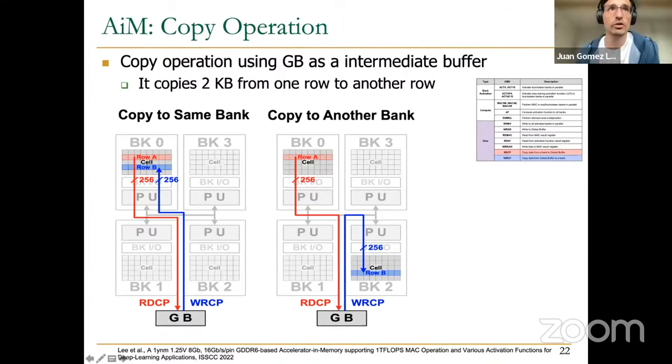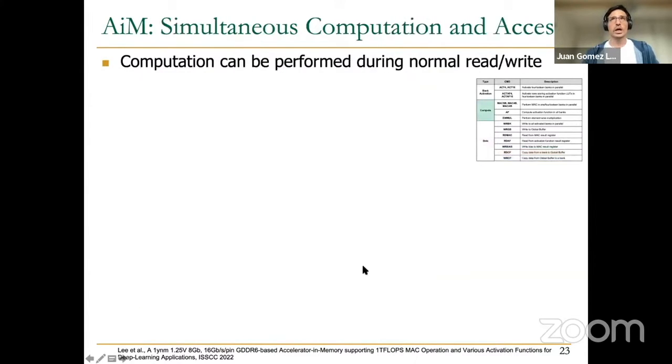First of all, the read copy will move 2 kilobytes from one row to the global buffer, and then the write copy moves back the contents of the global buffer to a different row, either in the same bank or in a different bank.